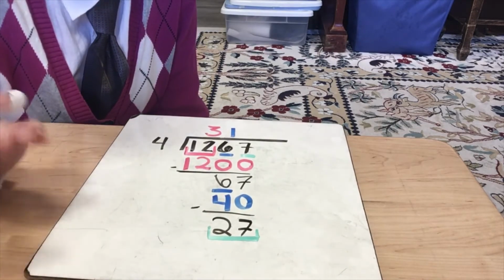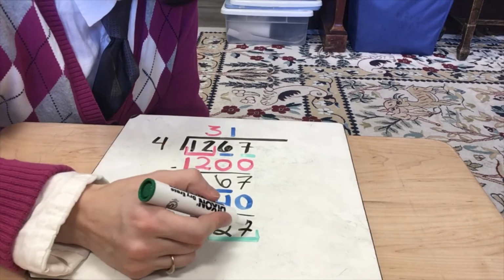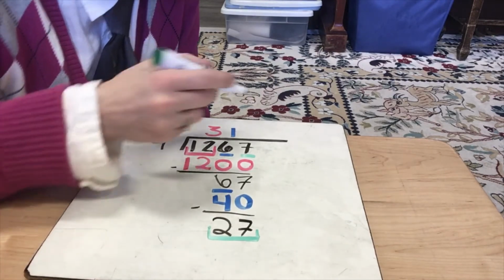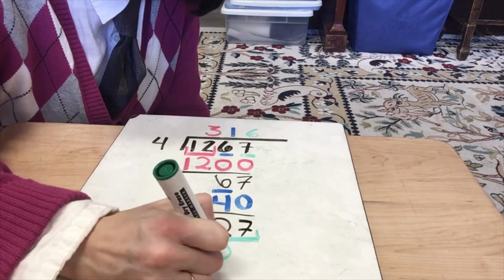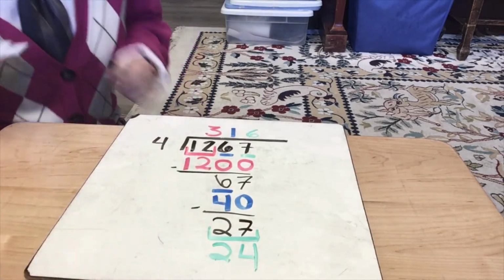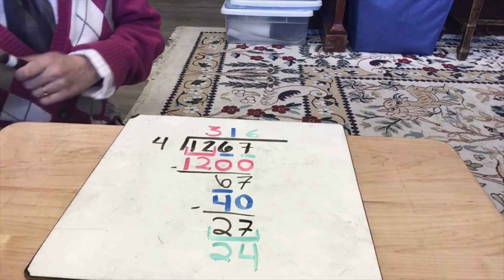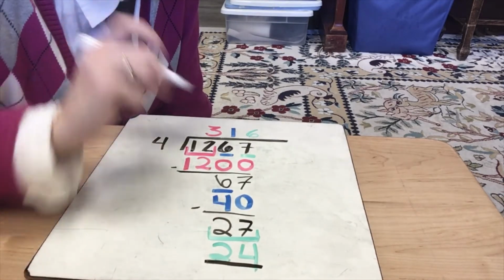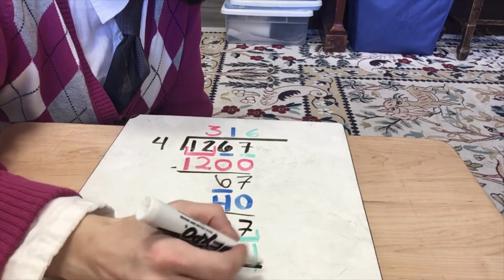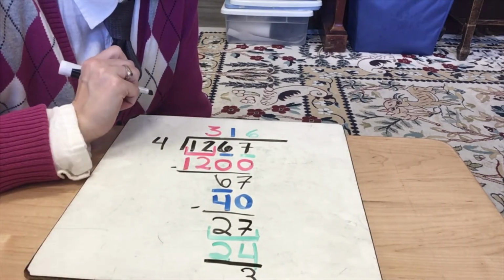However, I can't make any more than 6 because I'm going to be 1 short. But 4 taken 6 times is 24, and let's see what remains. So here, the remainder, I had 7, I used 4, leaving 3 behind.